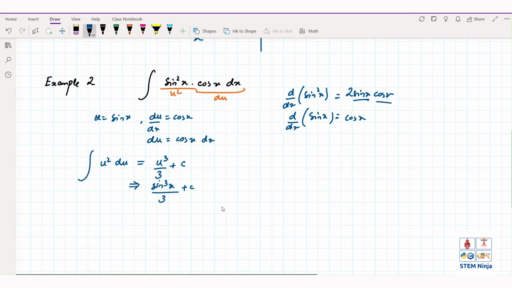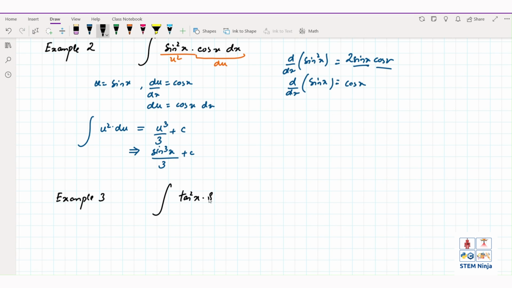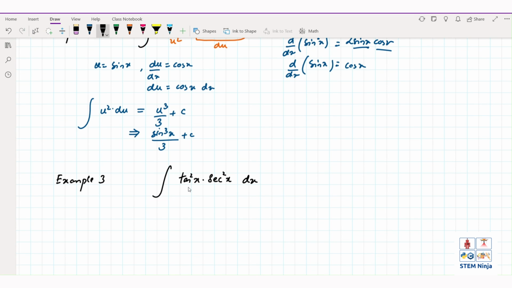Now, what if you had tan? So tan squared x secant squared x dx. We know that the derivative of tan is secant squared. So we can simply take u as tan x.